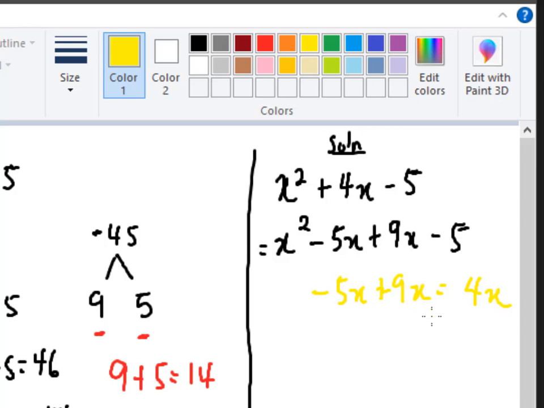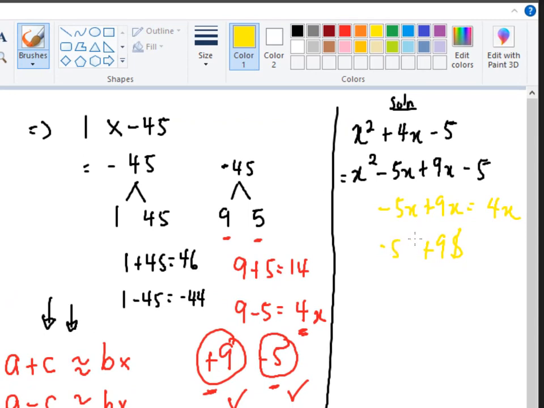If you have $9 and you owe somebody $5, when you do the computation, you get $4. So it is not something magical that we are doing here. It's very simple. When we get our 4x, it comes back to the same expression, so we're not doing anything strange here.